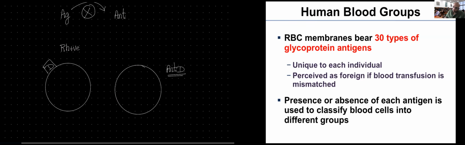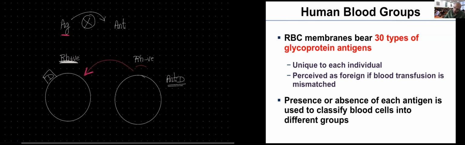So who can receive from whom? If I'm Rh positive, can I receive blood from an Rh negative person? Would I have any problem? Do you give me antigens that I don't have on the surface of my cells or that I'm producing an immunoglobulin against? What antigen are you giving me?